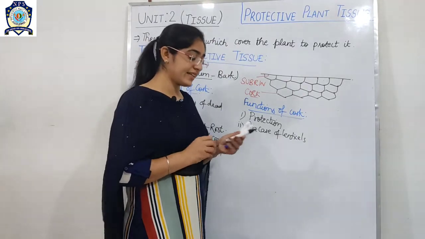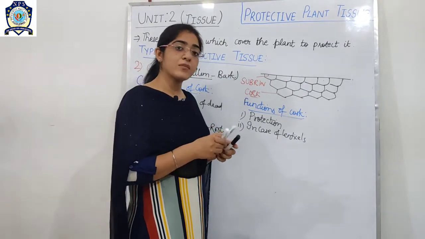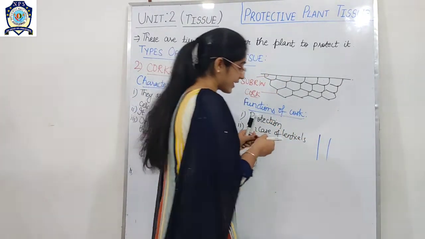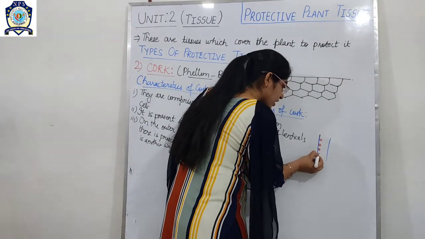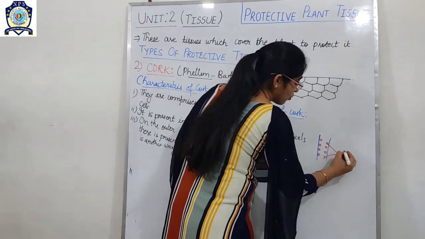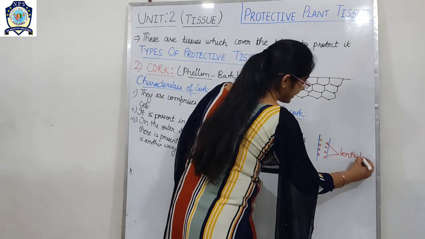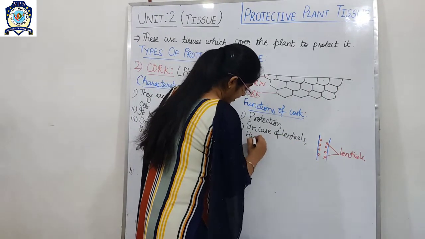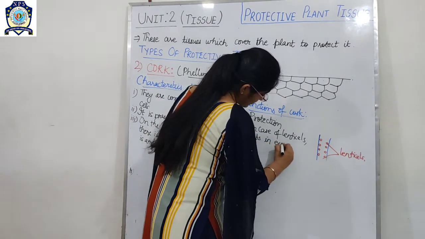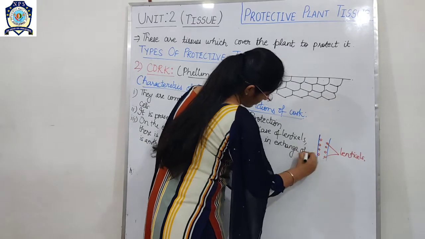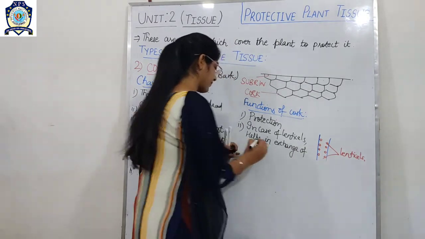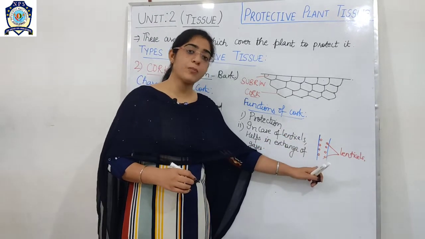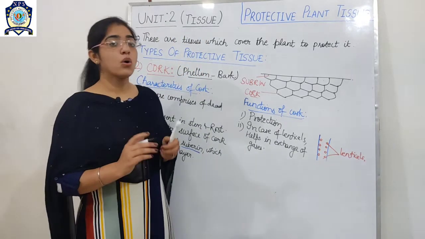Whenever the stem gets old, small pores are present on the stem and these small pores are called lenticels, and these lenticels help in exchange of gases.